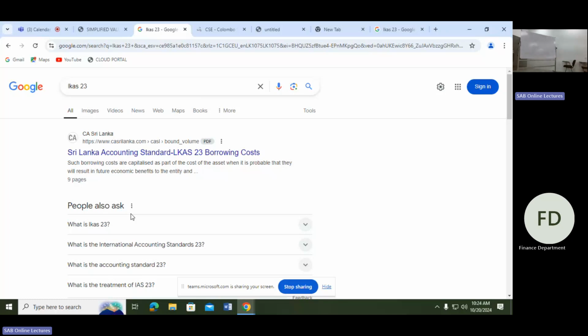What is the loan, like 50 million, 10 million for the building? So that 10 million, whatever the cost should be capitalized to the building. That proportionate capitalization should be there. So the borrowing cost capitalization is a crucial element.